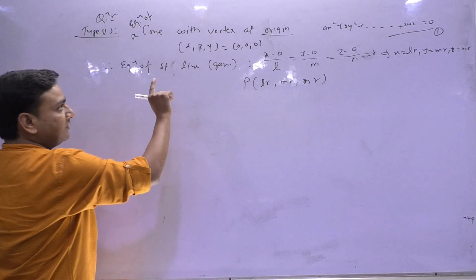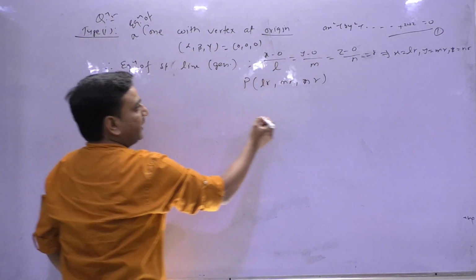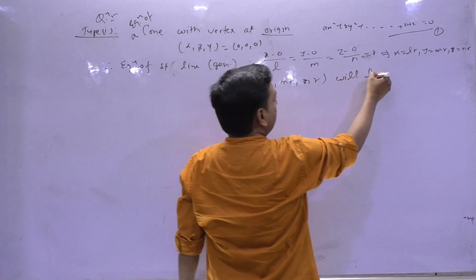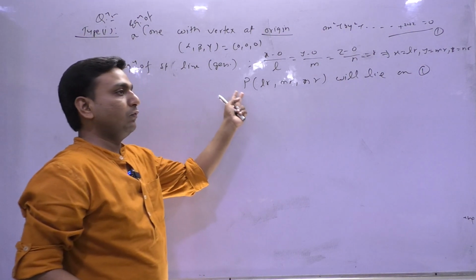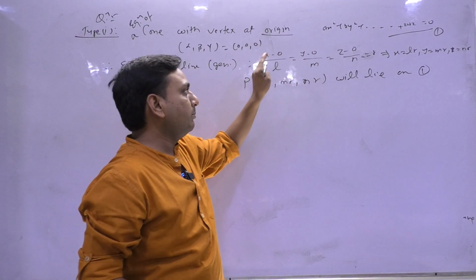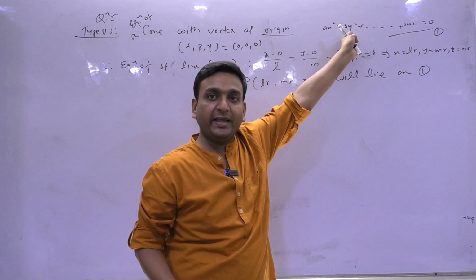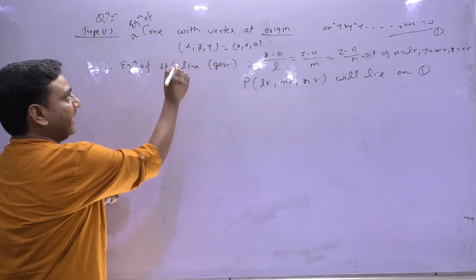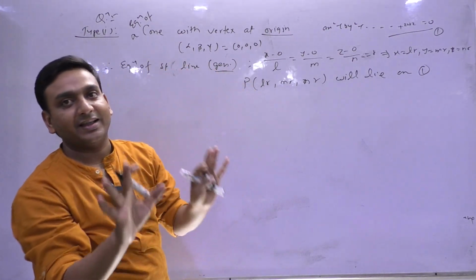Now since that is the generating line and this is the guiding curve, this point will lie on it. Not only this point, whatever values of R we take, each point on the straight line will lie on this guiding curve, because that line itself lies completely on the guiding curve.